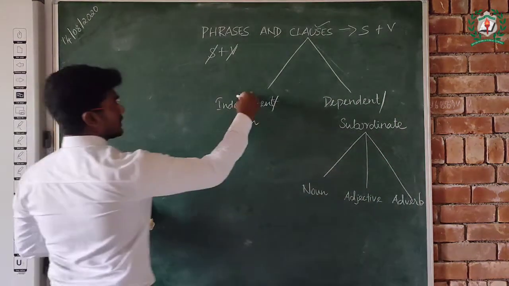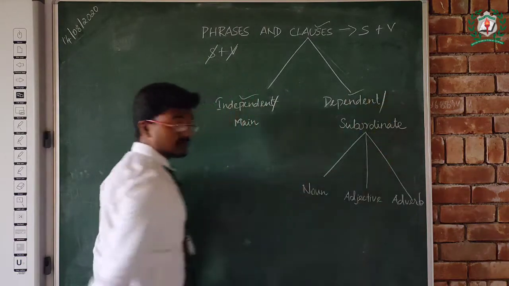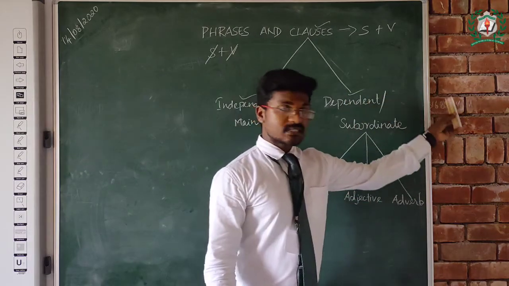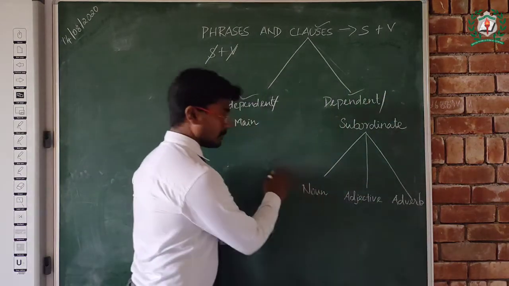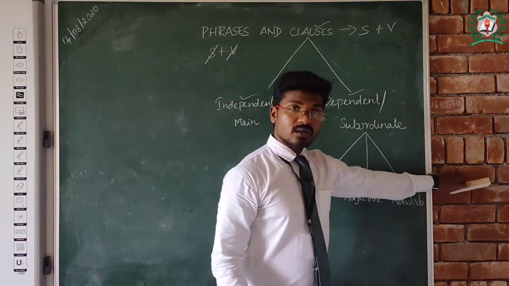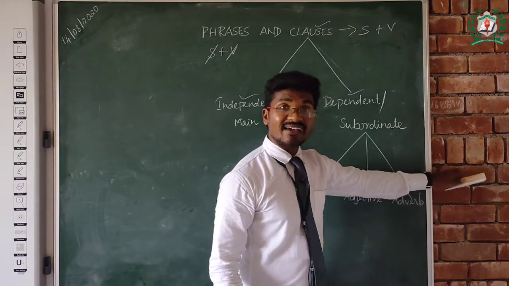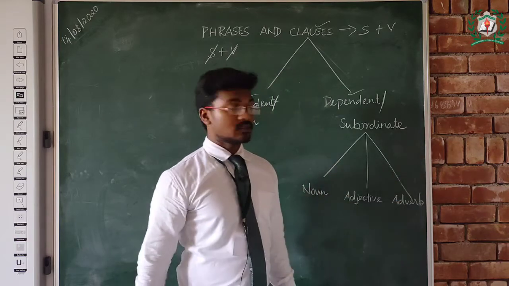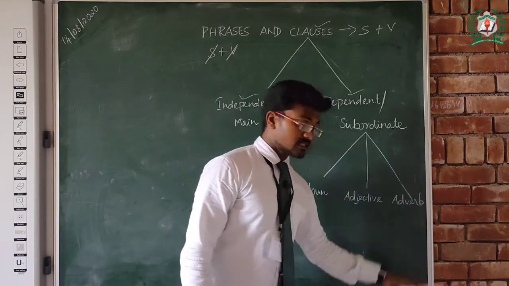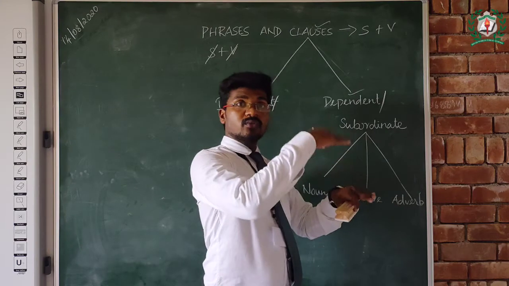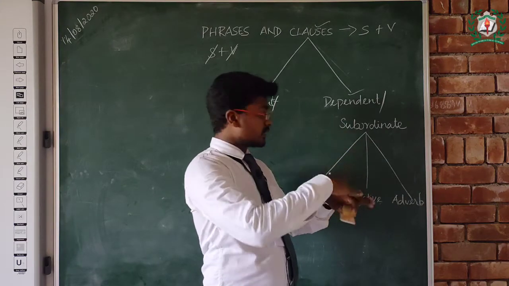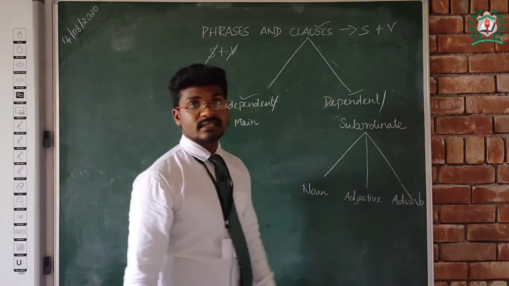Let's see about independent and dependent clause. You can see the wall here and the board here. The wall does not have any kind of support. From the base, the bricks are arranged one above the other and the wall is made.